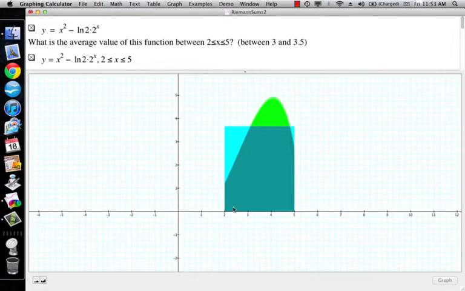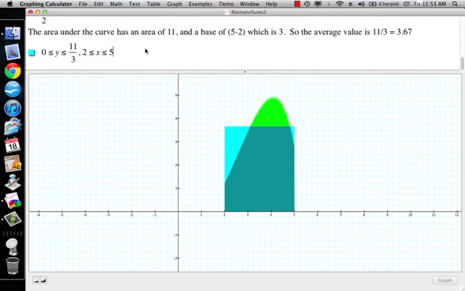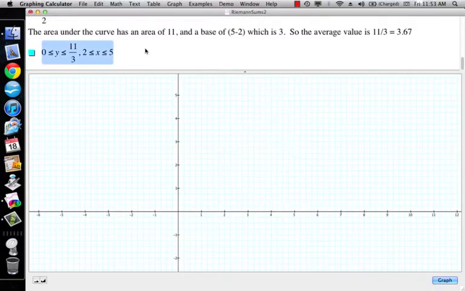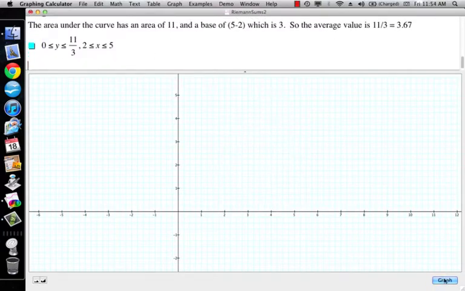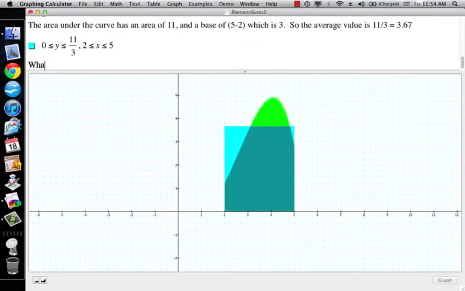And it's got a base of 3. So I wanted to say, what simple rectangle has an area of 11 and a base of 3? So throwing that back up there again. What simple rectangle has a base of 3 and an area of 11?